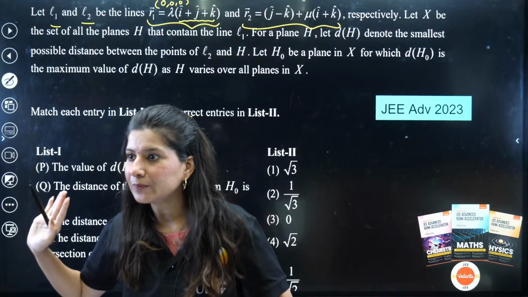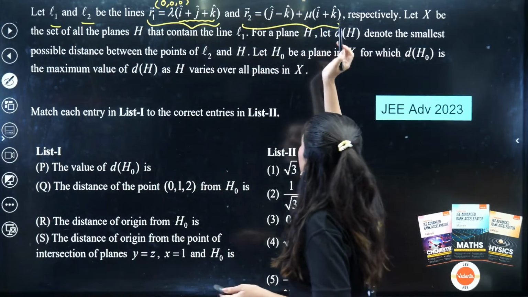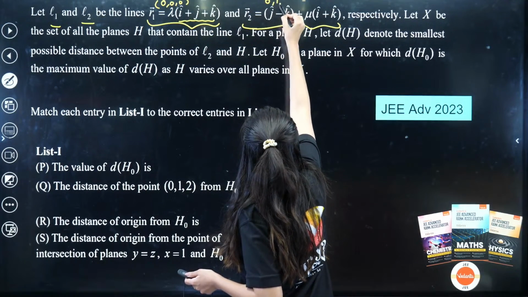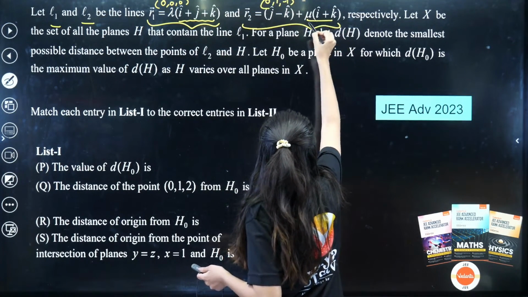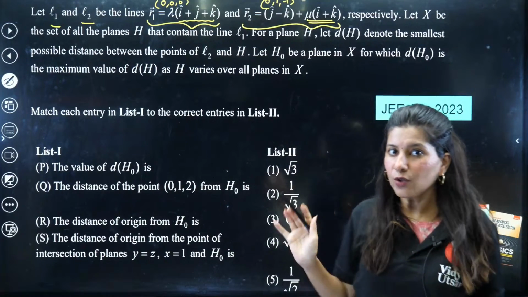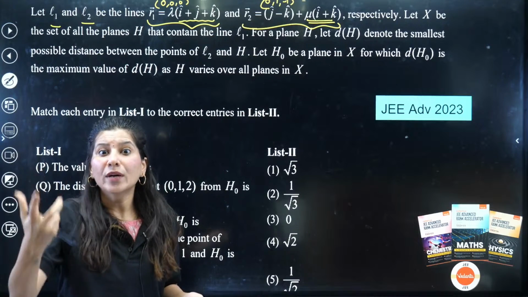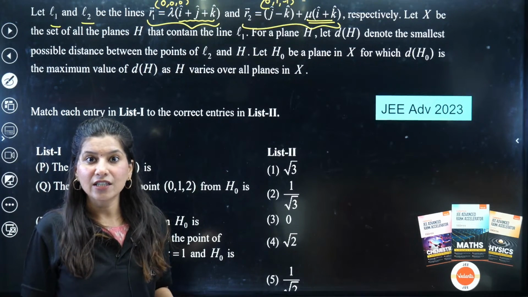Is that clear? Yes. This is the first line. And line number 2, can you see that this is passing through 0, 1, minus 1, and this is the direction of this line.